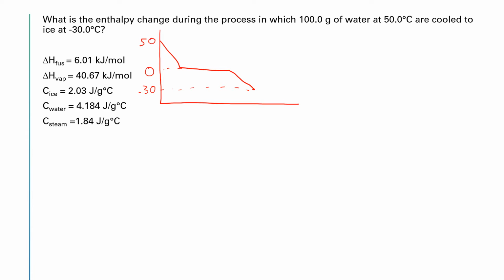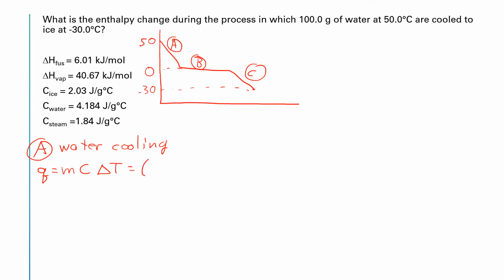I'm going to label this A, B, and C. In region A, we are going to have the liquid water cooling, and so Q will be equal to mc delta T. The mass of our sample is 100 grams.